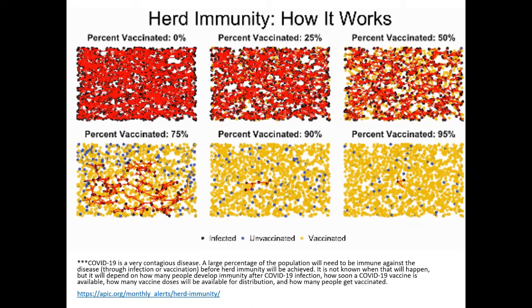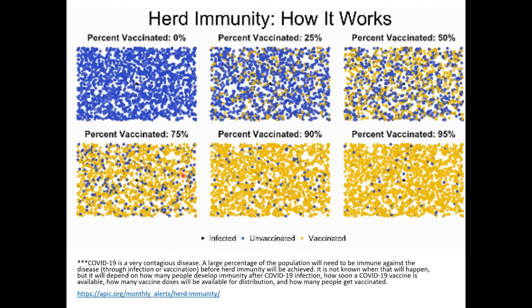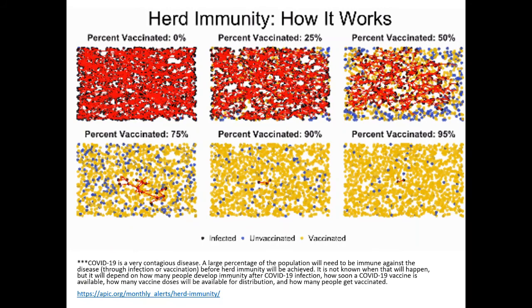And so we can see that as the percent of the population that's vaccinated goes down, we very quickly get this explosion in the disease. And essentially we can see that the transmission is increasing exponentially because each one of these individuals can pass the disease to as many people as they encounter, right?